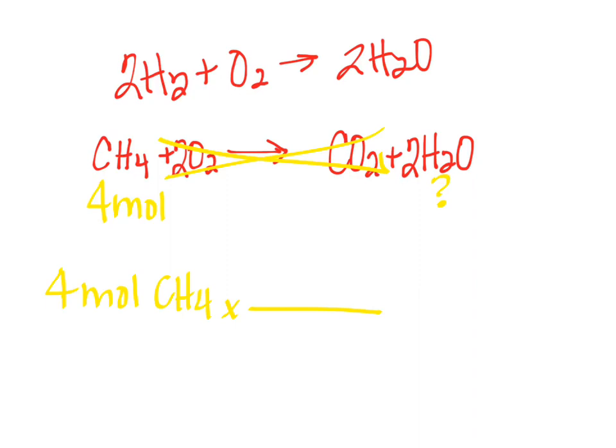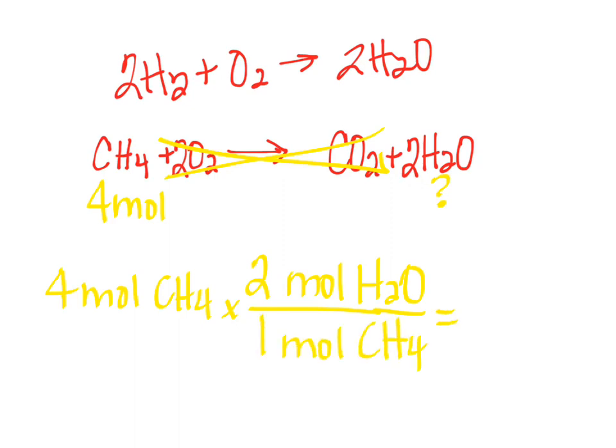I need to get to moles of water. So that means I need the stoic numbers in front of my known and my unknown. My unknown goes on top. What's the stoic in front of our unknown? 2 moles of H2O. What's the stoic in front of our known? 1 mole of CH4.